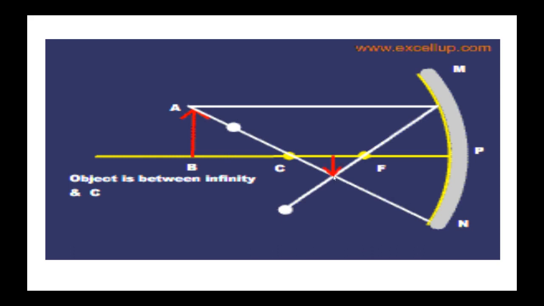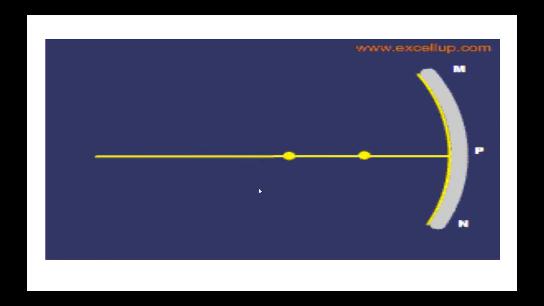The intersecting point is where the image is formed. Could you see it is inverted? Yes, AB is inverted here. So the image is comparably small when compared to the real object, isn't it? Yes, this is about the second case.